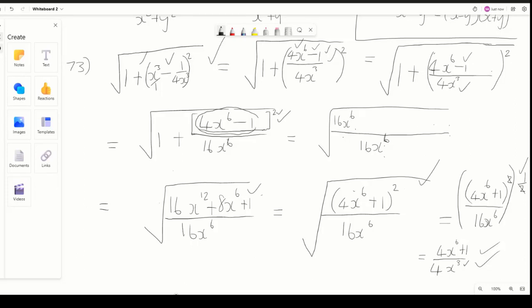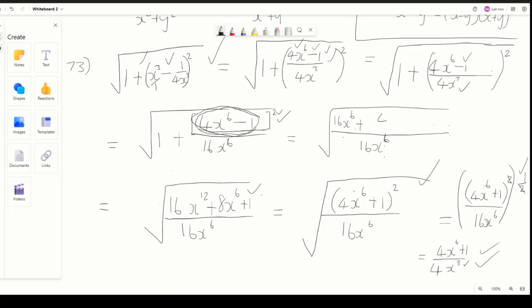And then, this here is already over 16x to the 6, so there's no need for me to do anything. I just keep it like that, okay? I just say plus. But now, I'm going to write down 4x to the 6 minus 1 all squared, right? But now I'll multiply it out first.